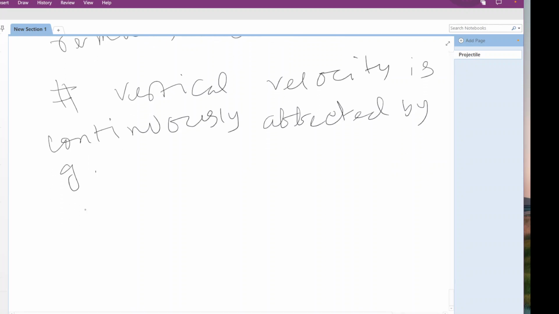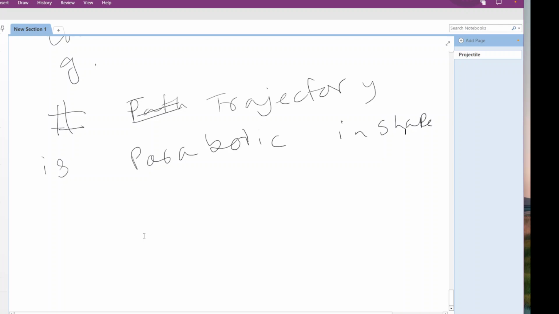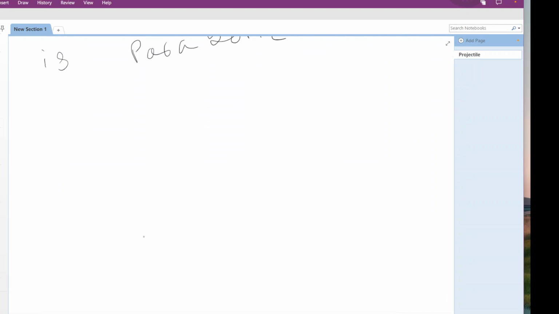Another point is why the trajectory is a parabola. The trajectory is parabolic in shape, but it is a question why it is a parabola. If we consider it this way, this is the horizontal component, this is the vertical component.